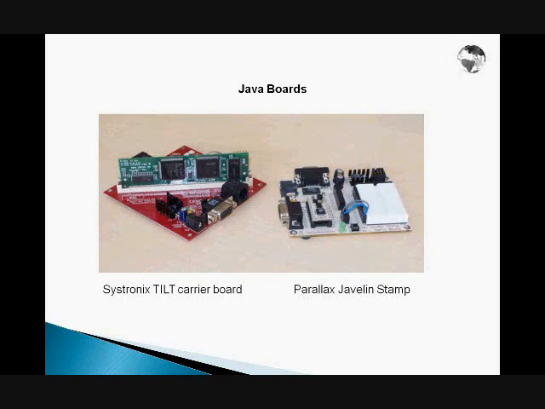The IMSYS CJIP processor comes with their SNAP SIMM card and is shown here plugged into a Systronix socket board. The other board holds the Parallax Javelin Stamp and includes a breadboard for experimenting with circuits controlled by the Javelin. Both boards include serial ports for input-output.